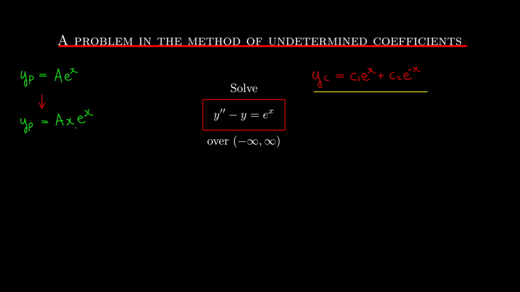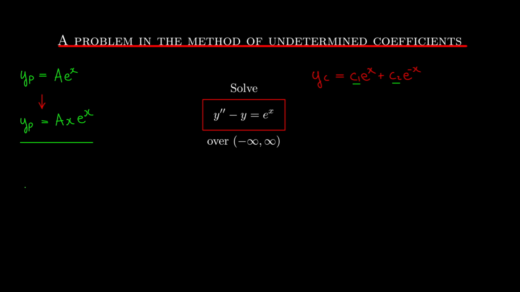So we multiplied by x, and now the general issue that we saw earlier, that our yp was a solution to the homogeneous equation, no longer exists. This function can in no way be obtained by choosing constants c1 and c2. Okay, so this is our new guess.